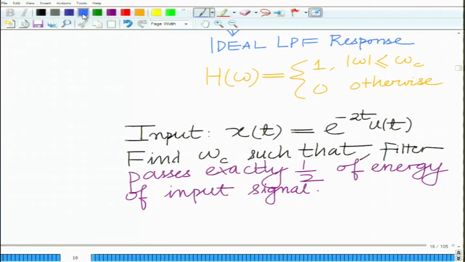The point is, we want to find omega c such that the ideal LPF passes exactly half, that is, the energy of the output signal should be half of the energy of the input signal, e raised to minus 2t u of t. This is our filter design problem, and we can approach it as follows.